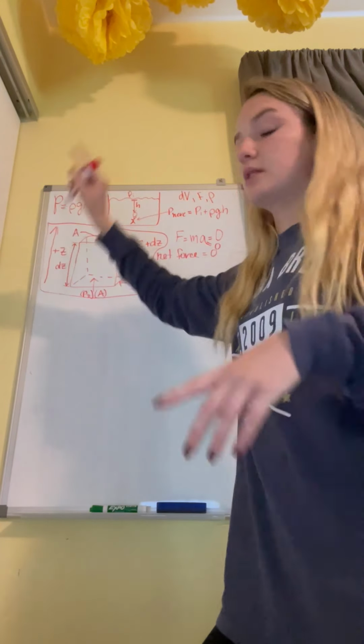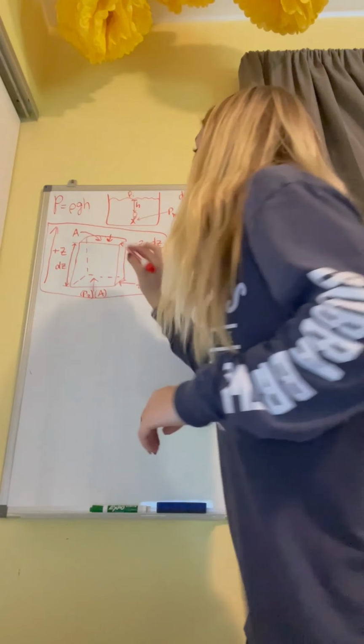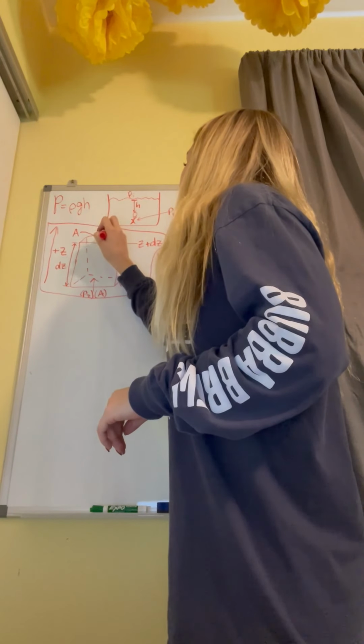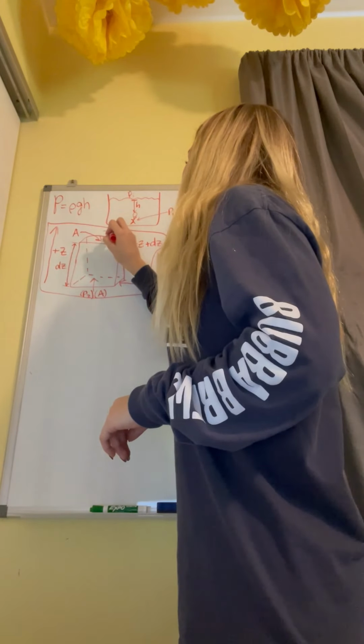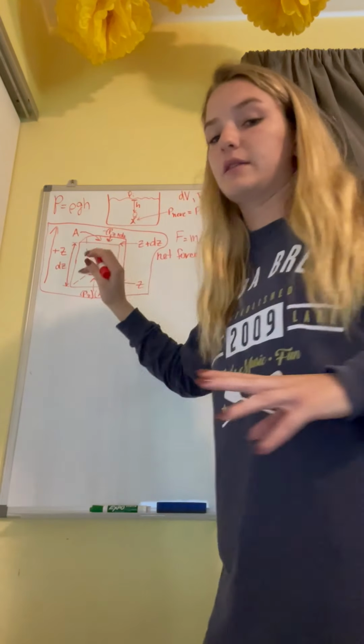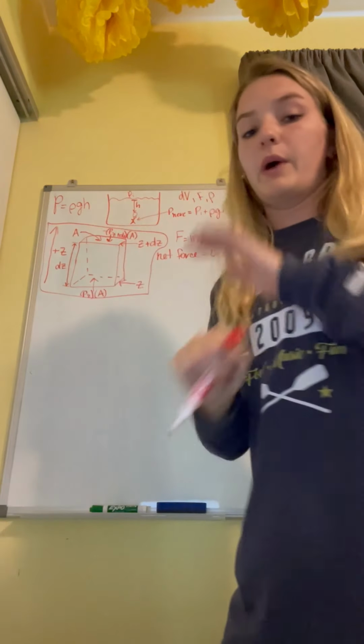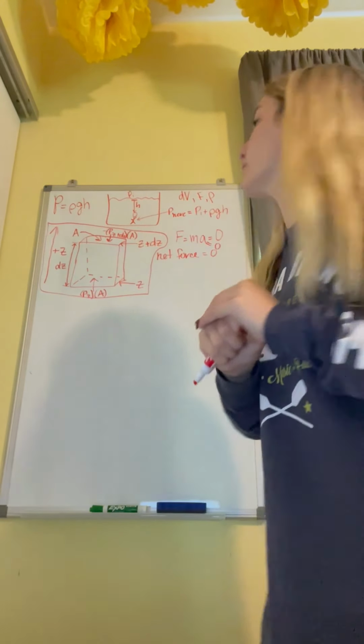Since we have our positive Z direction pointing up and this force is pointing down, this force is going to be negative. So we are going to have the negative of pressure of Z plus dz, since we're looking at this top surface. And this is also going to be multiplied by the area of that top surface.